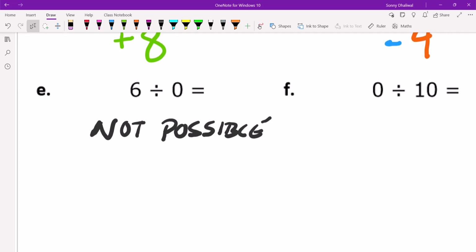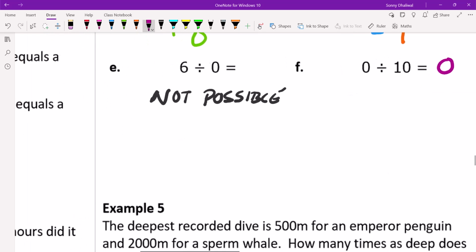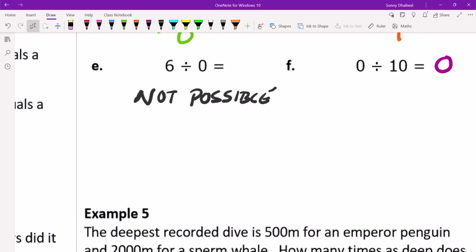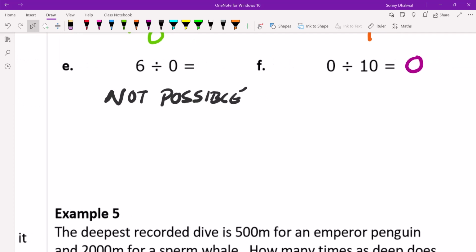Oh, but it is possible to have 10 groups of 0, just 10 different groups of 0. You can have 0 different groups of 0.